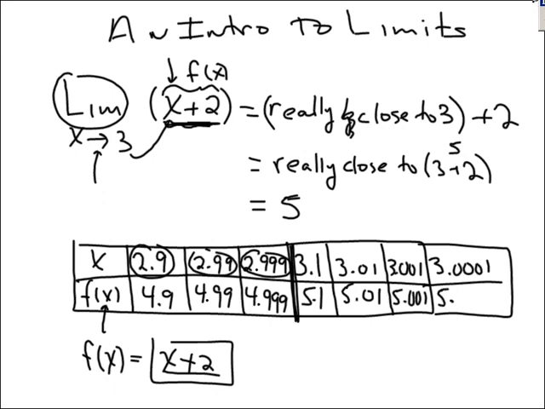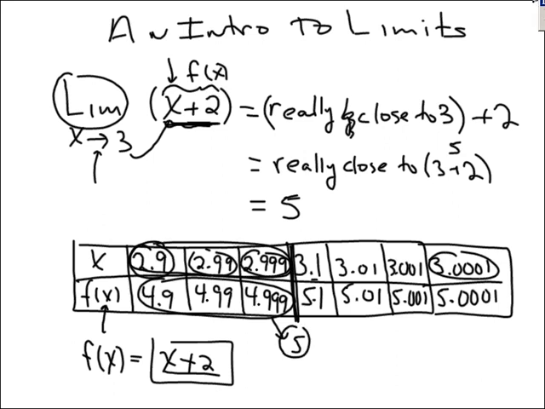Add 2 to this number, get 5.0001. It's approaching 5. When x was getting closer and closer to 3, f of x approached 5.